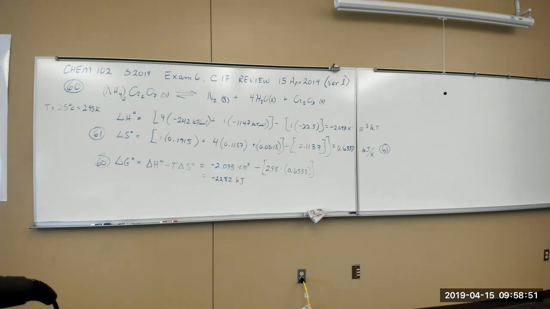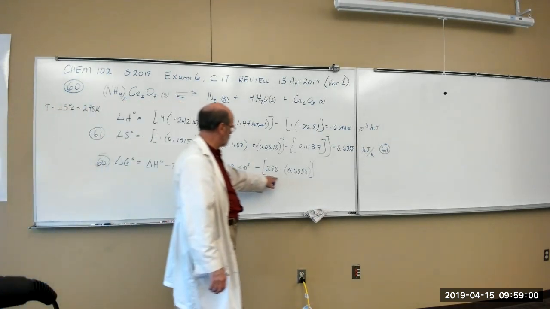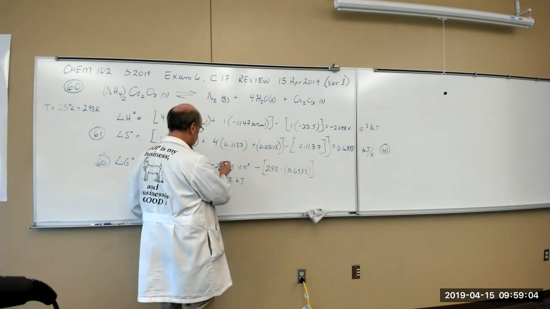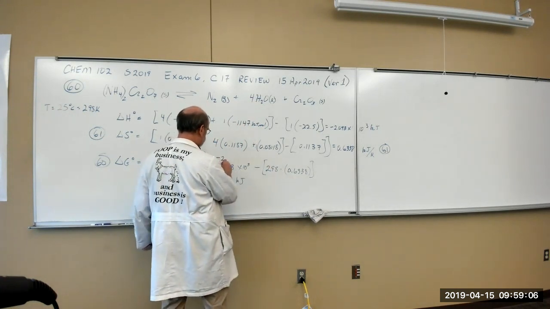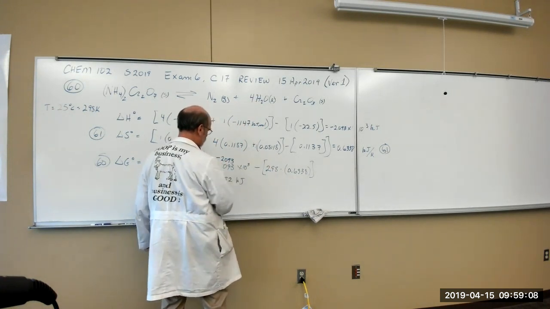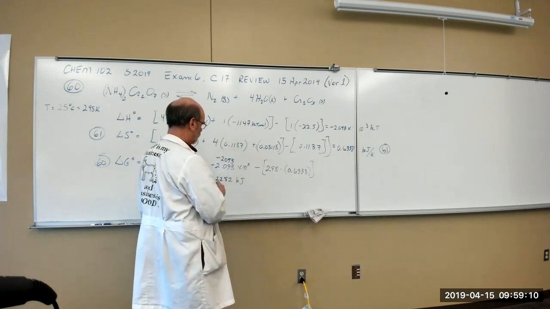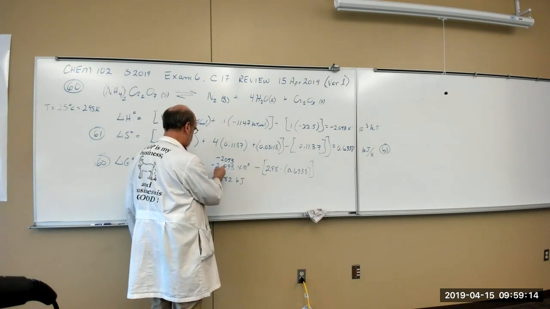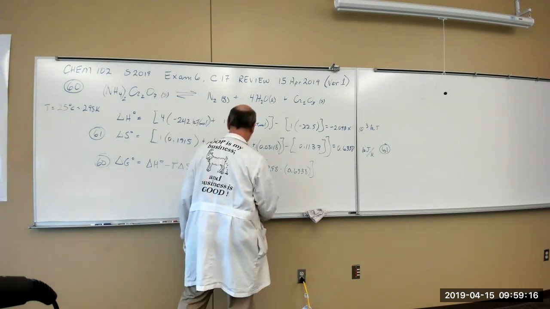What am I doing wrong? I'm not getting the same answer as you, using these values. I've gotten two of the wrong answers. Right, this should be minus 2093. Oh, that might be it right there. I didn't put the negatives. I have it over here, but then I didn't put it over here. That might be the problem.